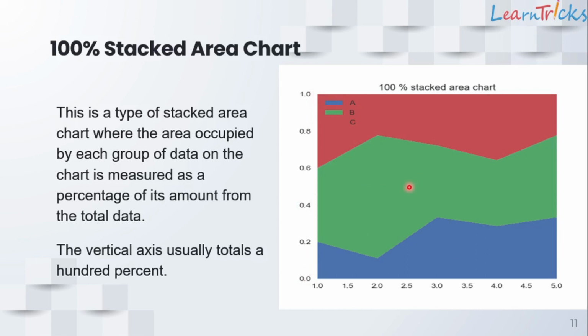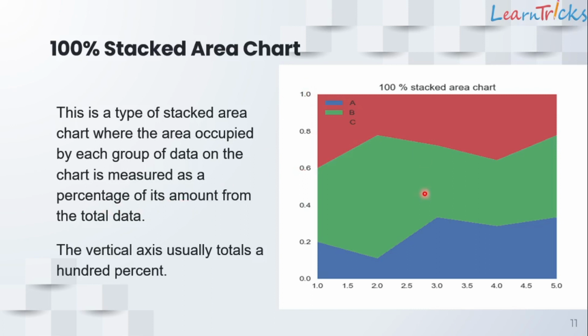Just like we have seen here, the maximum value on y is 1.0, or 100%. 0.8 represents 80%, 0.6 represents 60%, and the same as in the stacked area chart, we put our values, but the values are not taken as they are. They are used as a percentage of their amount from the total area.